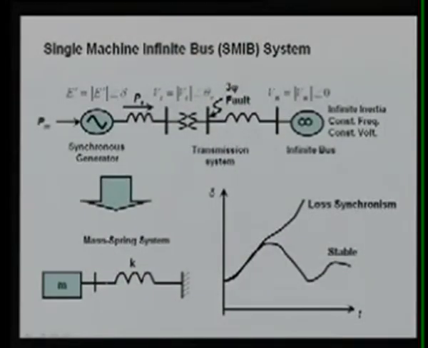Now let us see the single machine infinite bus, the SMIB system, where, as in the previous case, we use a generator G. This machine is represented by its equivalent impedance, that is jXd or Xd prime. Here we have to take the subtransient reactance, and the machine's internal voltage E prime is a complex quantity with a magnitude and angle delta with reference to the infinite bus.